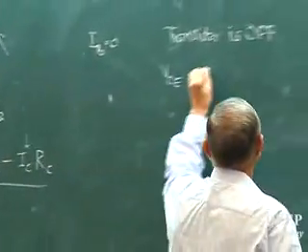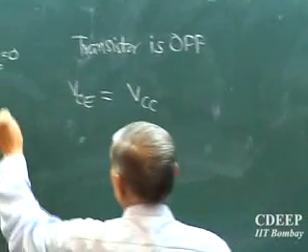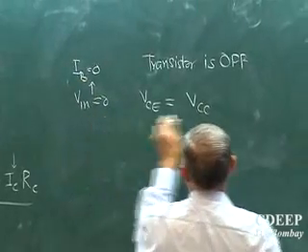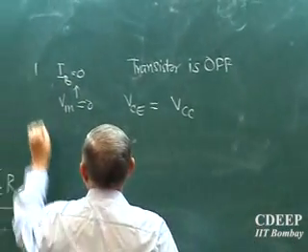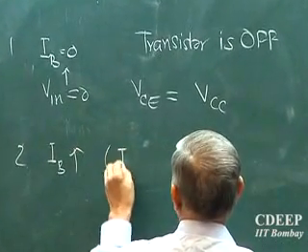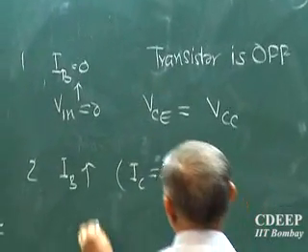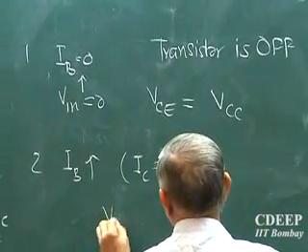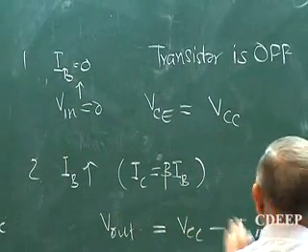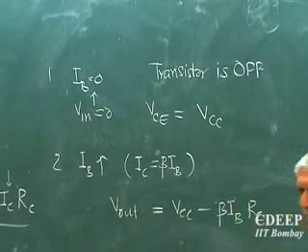So VC is VCC. V in is 0, so IB is 0, therefore V out is VCC. IB increases, but this relation still holds, IC is beta times IB, then V out will be VCC minus beta times IB times RC.